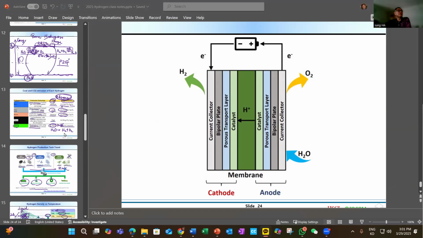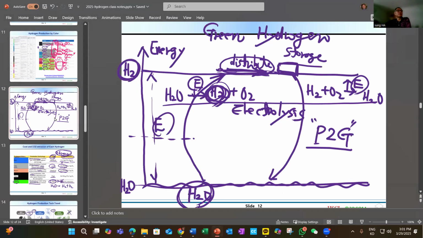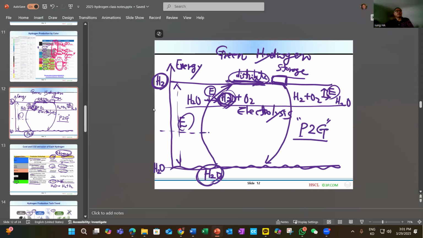We actually, I'd like to go back to the slide which we covered last week. It's giving us the level of energy. At the bottom, I would say zero energy, H2O, and then we add some energy or power, and then this H2O is split into H2 plus O2.